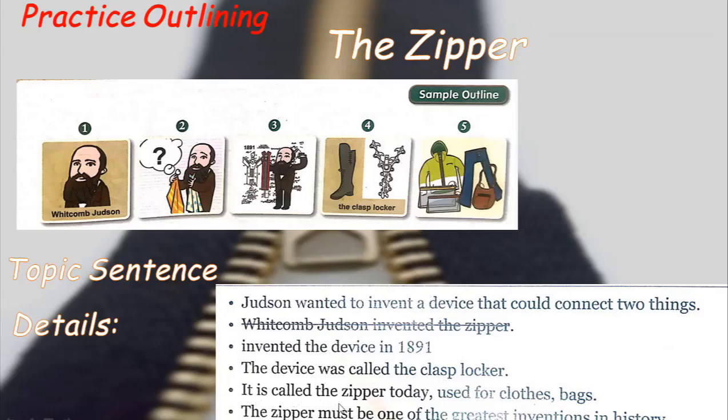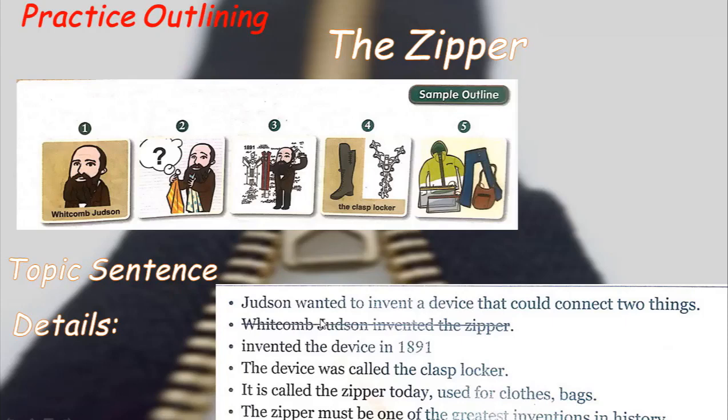It is called a zipper today, used for clothes, bags. The zipper must be one of the greatest inventions in history. So what is going to be the first one, everyone? The first one is already done for you: Whitcomb Johnson invented the zipper. And what is going to be next, everyone? You can see the picture.